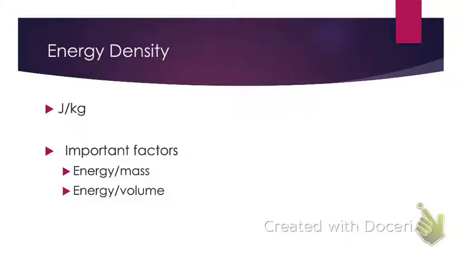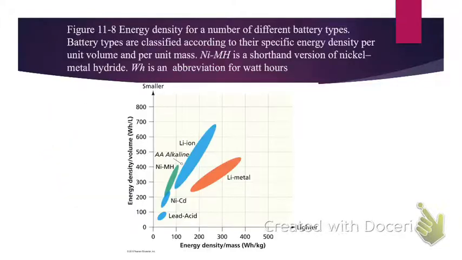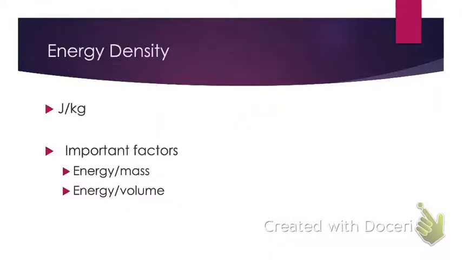When we talk about the different materials that might be used for these electric vehicles, energy density is a critical factor. We want to know how much energy we can generate per kilogram of material, and also energy per volume, because particularly if you're using these batteries with small volumes, you want to pack as much punch as possible in a small volume.